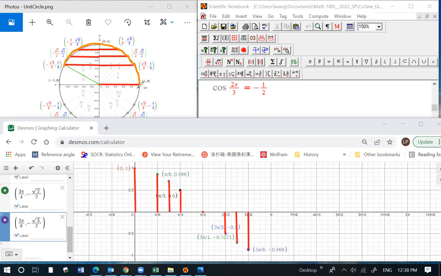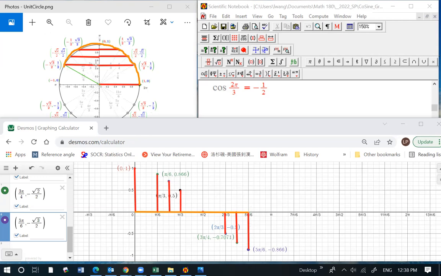That looks like a red color, but it's really orange. This piece of arc length is 5 pi over 6, right? So we're going to draw that 5 pi over 6 from 0, but just make it straight. So this arc length is now straightened up, and the ratio is a red number. The red number is right here.